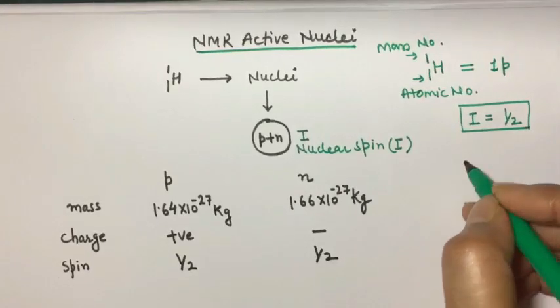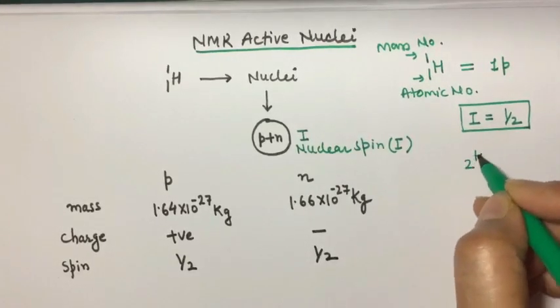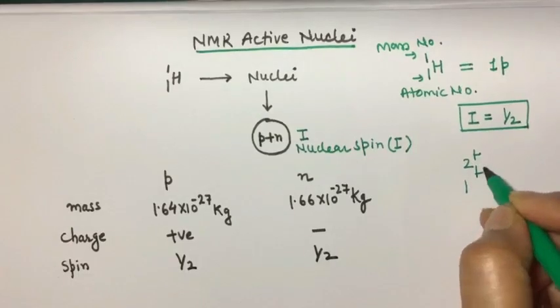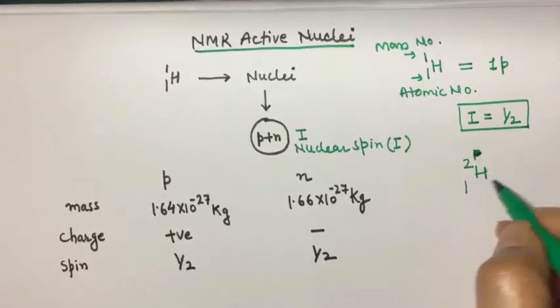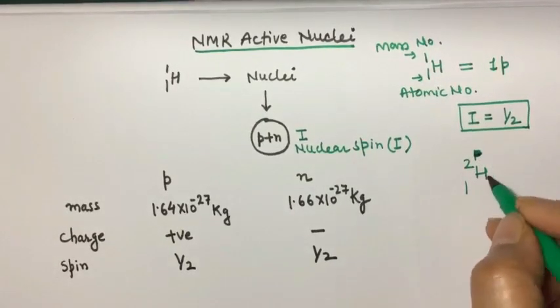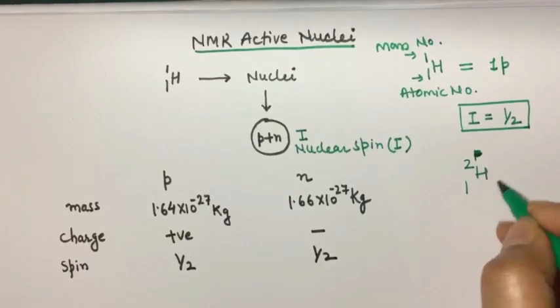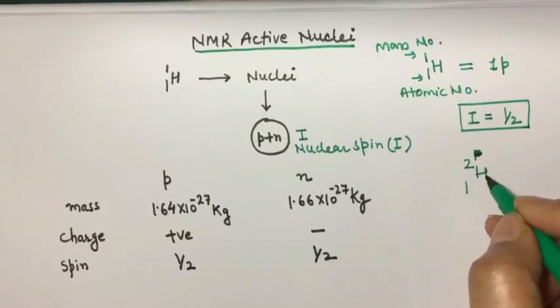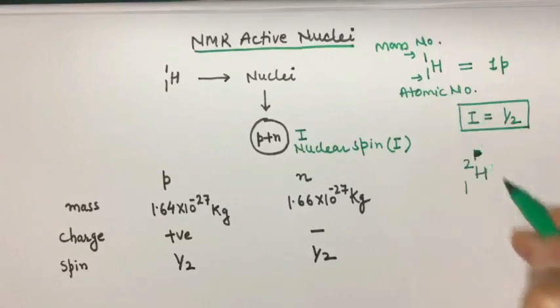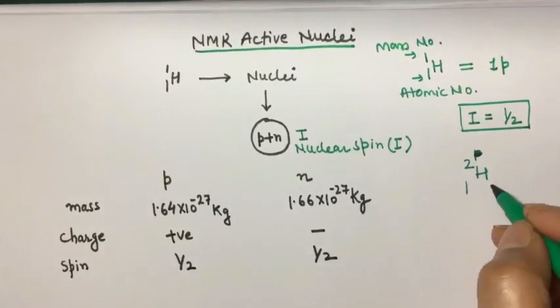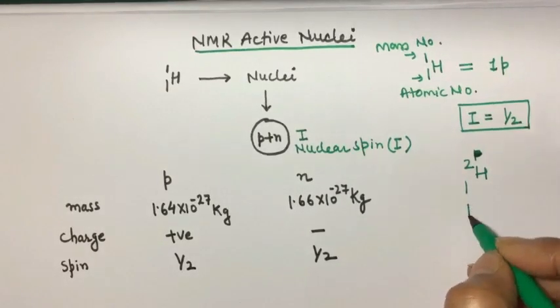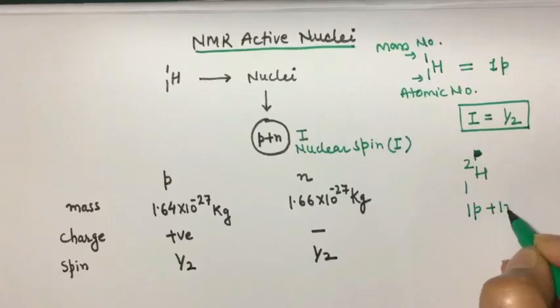Similarly, if we take another example, 1H2, the nucleus of this atom is called deuterium, an isotope of the hydrogen atom. The nucleus has one proton plus one neutron.